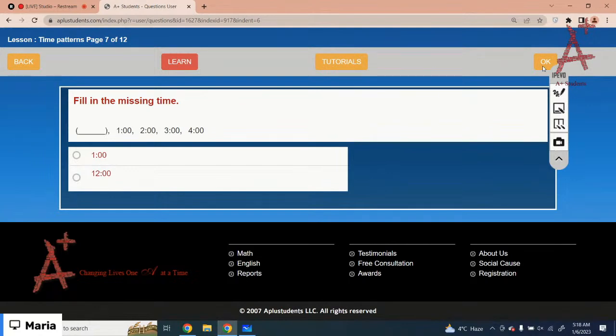Go back 1 hour. Got it? So it would be 12. So the correct option is 12.